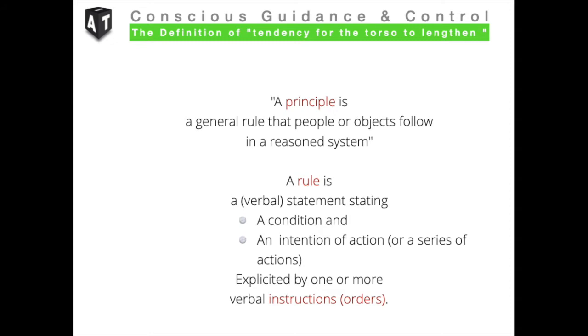And in the technique that we are discussing, the Alexander technique, it's a technique for readjustment, reeducation, and coordination. So in certain conditions, you need to readjust, and we will see that these intentions of actions have to be explicited.